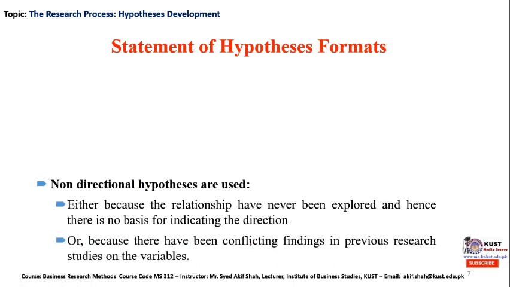Or because there have been conflicting findings in previous research about the variables of our interest, we cannot confidently formulate a positive or negative directional hypothesis. So, as a conclusion, non-directional hypotheses are formulated by the researcher when there are conflicting findings in the literature review regarding those variables, or there is no basis for indication of direction in the literature.